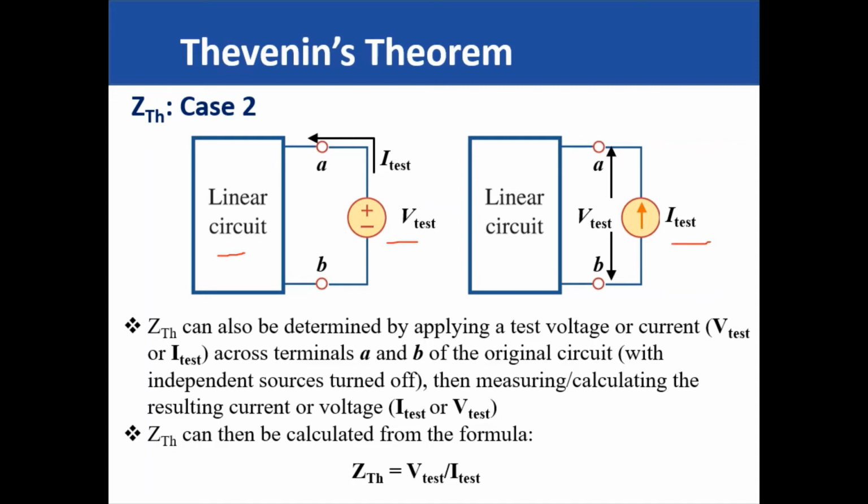Then determine the resulting current that will come out of the test voltage if we use a test voltage, or the voltage across the test current if we use the test current. And once we get the test voltages and the test currents, we can then apply this formula to get our Z sub TH.